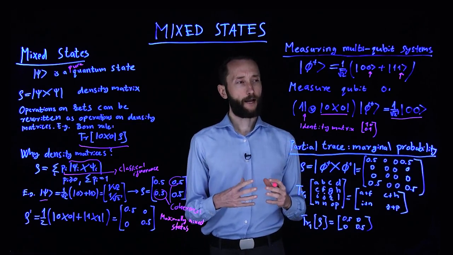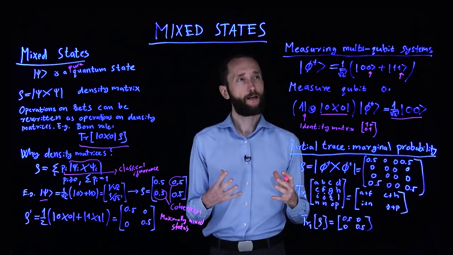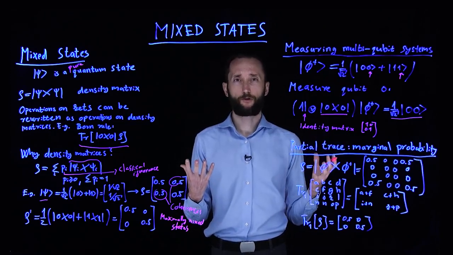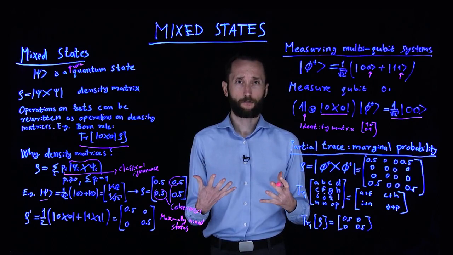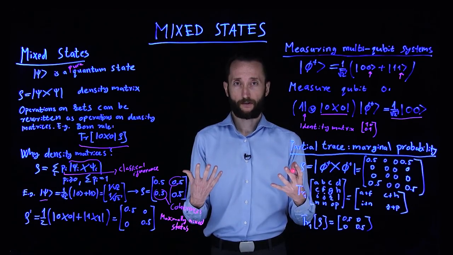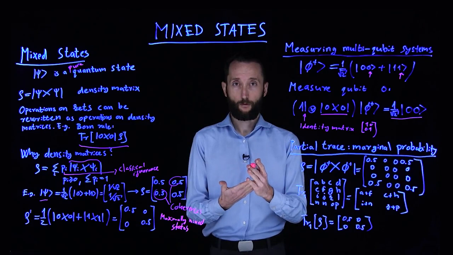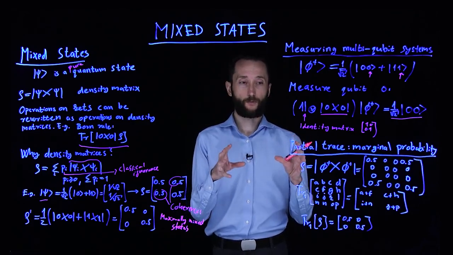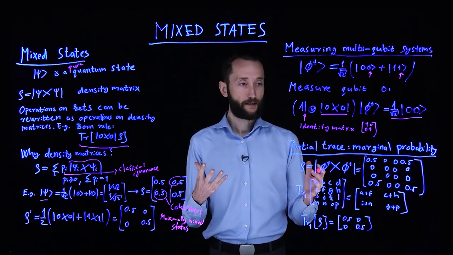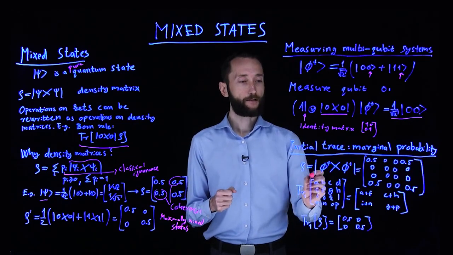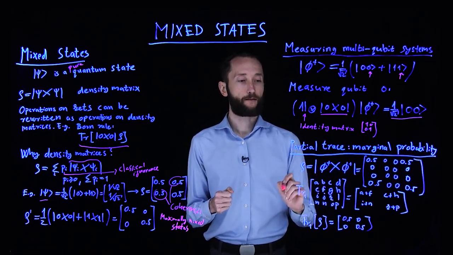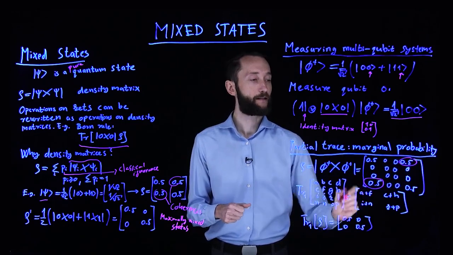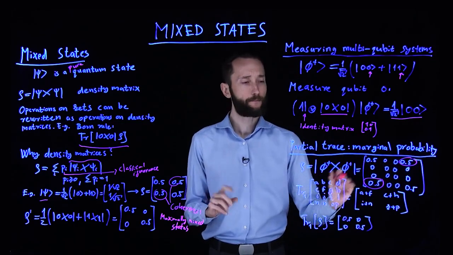So let's take a look at what happens if you're interested in the marginal probability. So this state is like a probability distribution of 2 random variables, and if you know that we have a multivariate probability distribution, we can marginalize out one of our random variables. We can do the exact same thing in a quantum system by using something called a partial trace. So imagine that we write our maximally entangled state as a density matrix. You see that it has strong coherences here, although it's full of zeros, that doesn't matter.